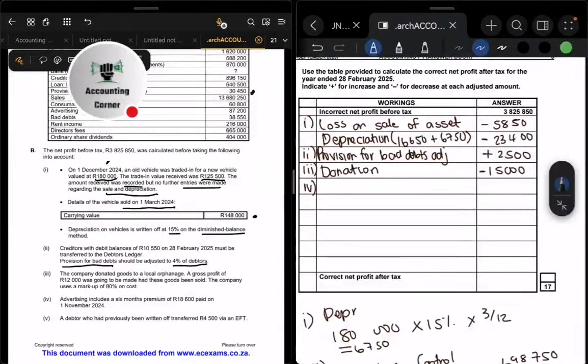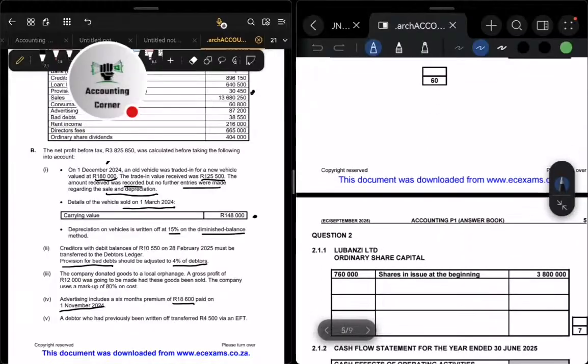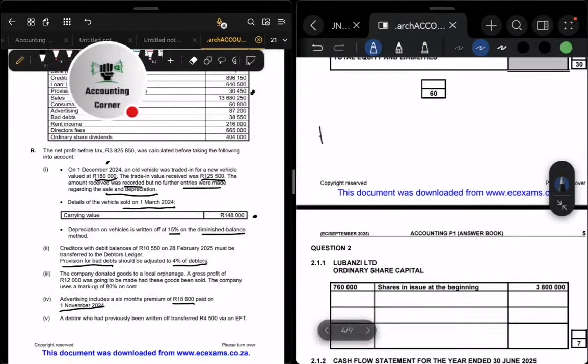Number 4. Advertising includes a 6 months premium of 18,600 paid on the 1st of November 2024. Like we said, our year starts on the 1st of March and ends on the 28th of February the next year.